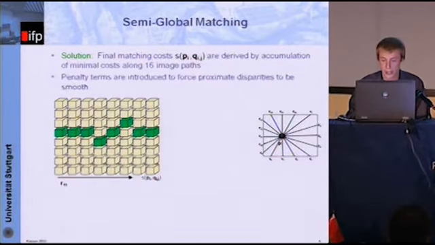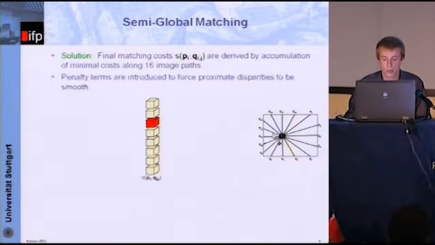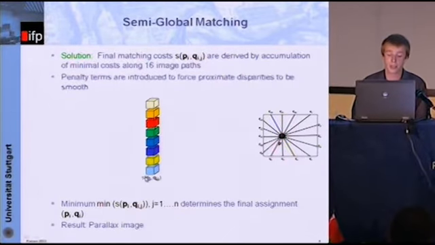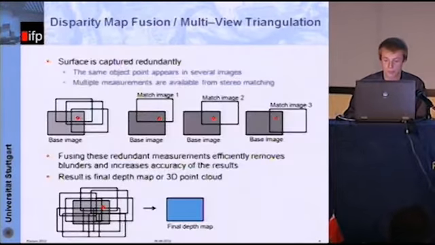Anyway, you can do that for every path in your cost string, and for every potential correspondence, which will give you the final costs. And now you can simply pick the minimum of the string, and this will give you the disparity estimation. Doing that for every pixel, you get the parallax image or the disparity image.